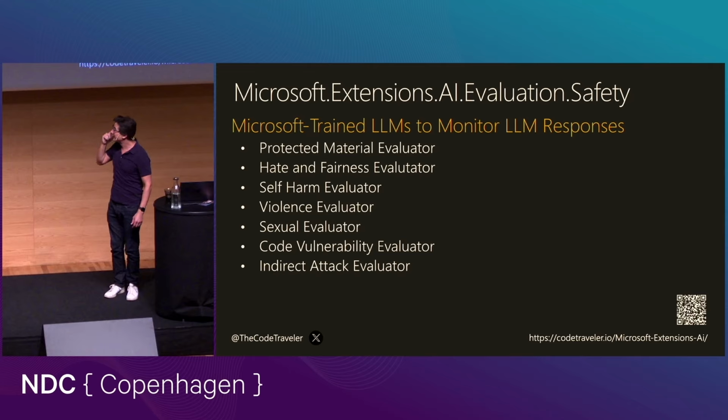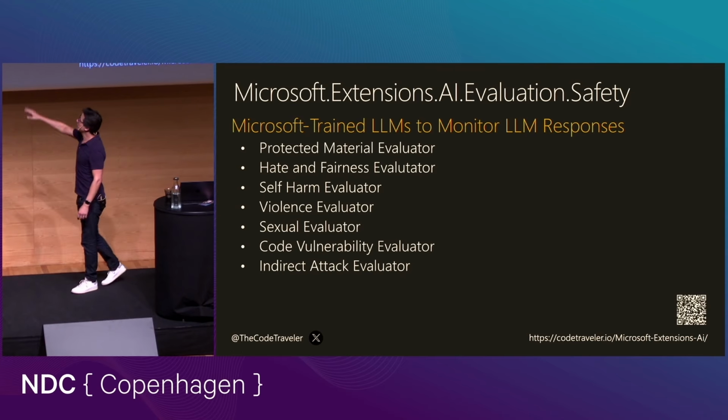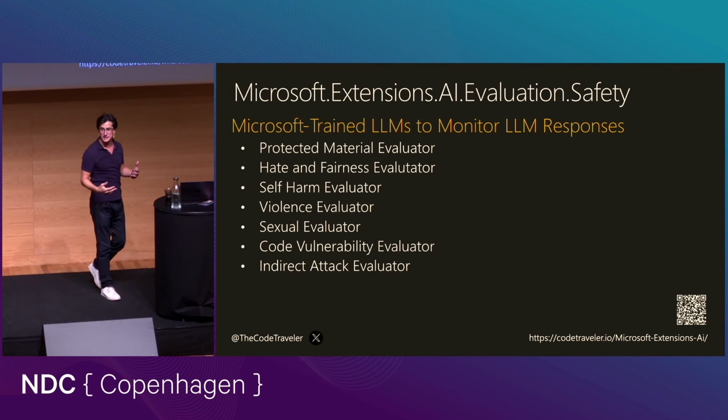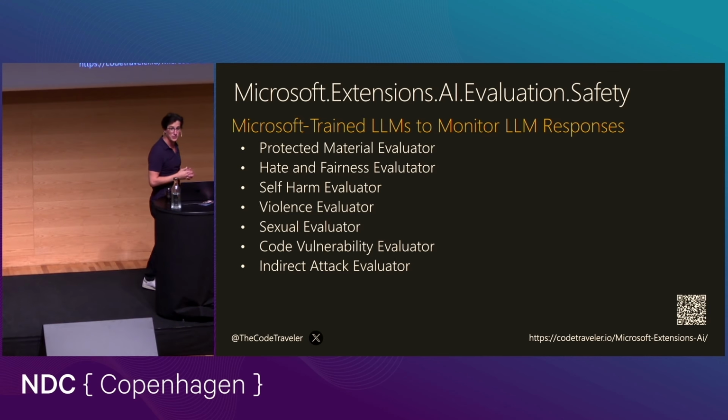I don't know, maybe. Because we can pass in functions, right? So, here's all my code. Is it good? There's also protected materials. If you have private company data that you don't want exposed to the world, you can make sure the LLM isn't giving anything bad back.